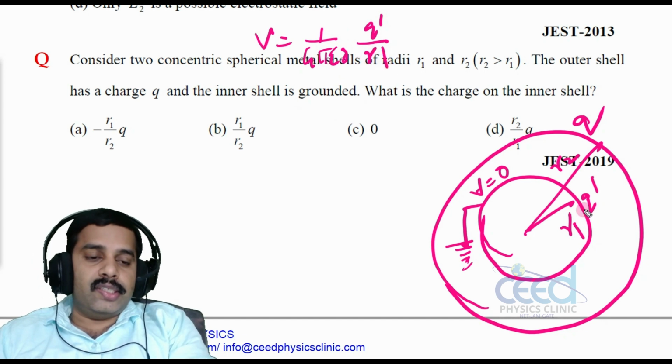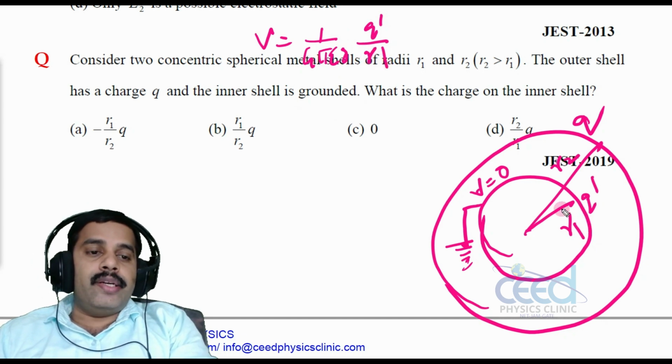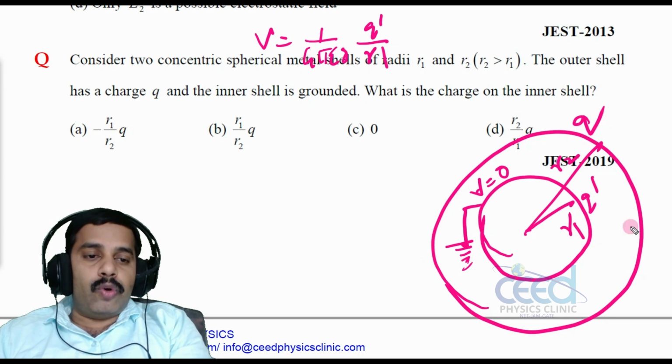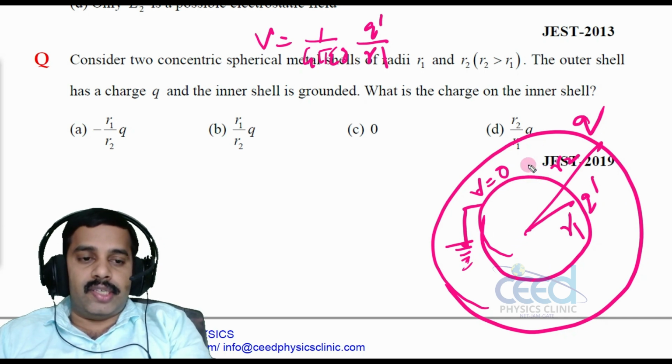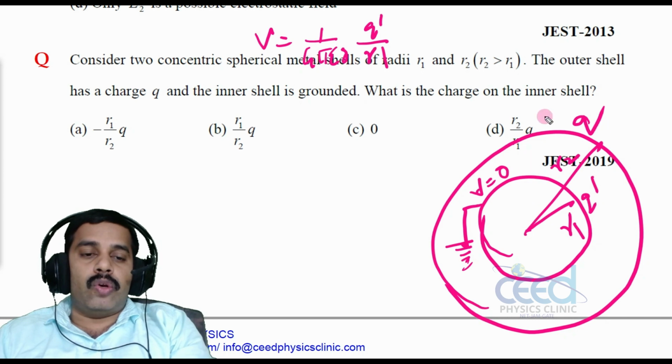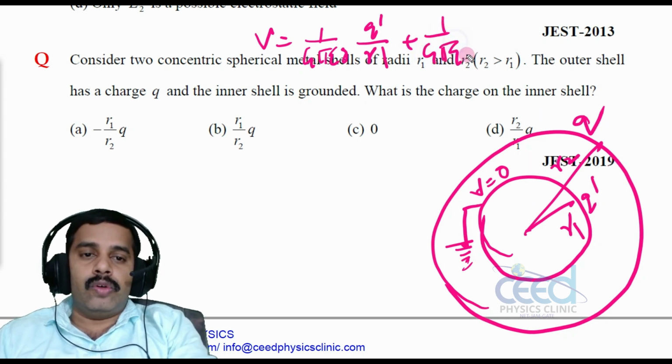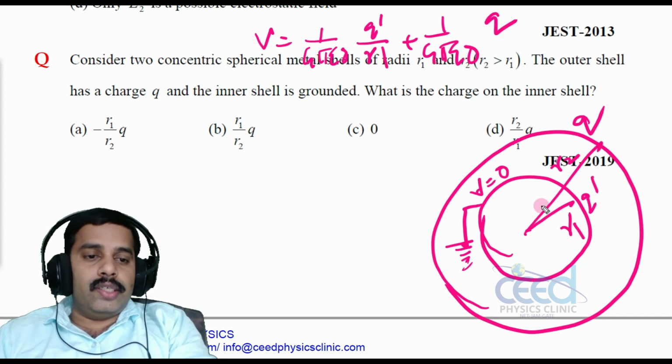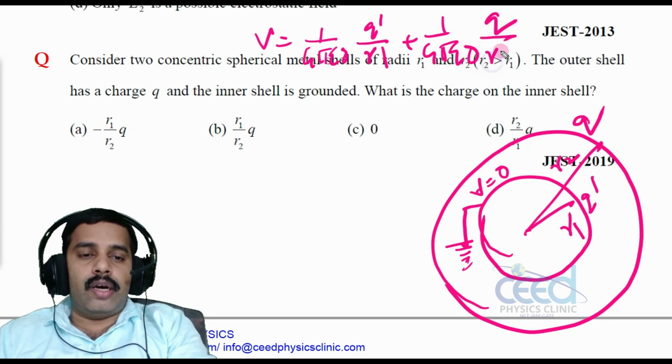So it has its surface potential, and the outermost shell that has a charge Q, its potential also extends to all the inside points. So the inner surface has the potential of the outer shell also, right? So 1 by 4 pi epsilon 0 Q by its radius R2.